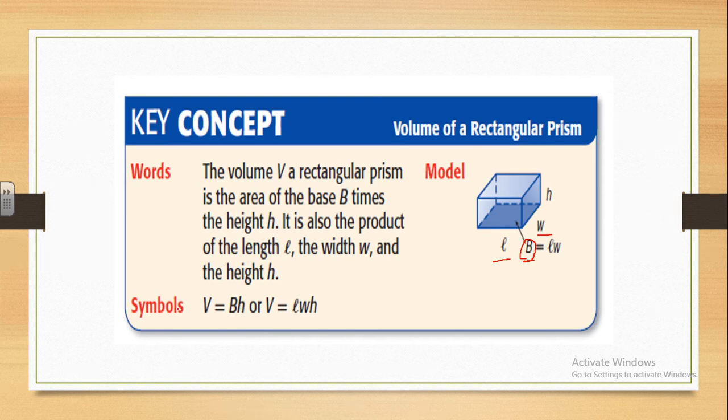In this way, volume equals B times height. So V represents volume, L represents length, W represents width, and H represents height. Okay, you got it? That's great.